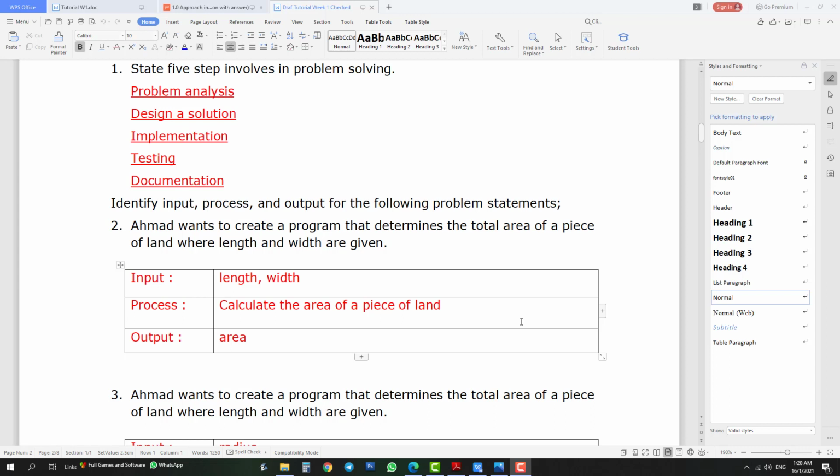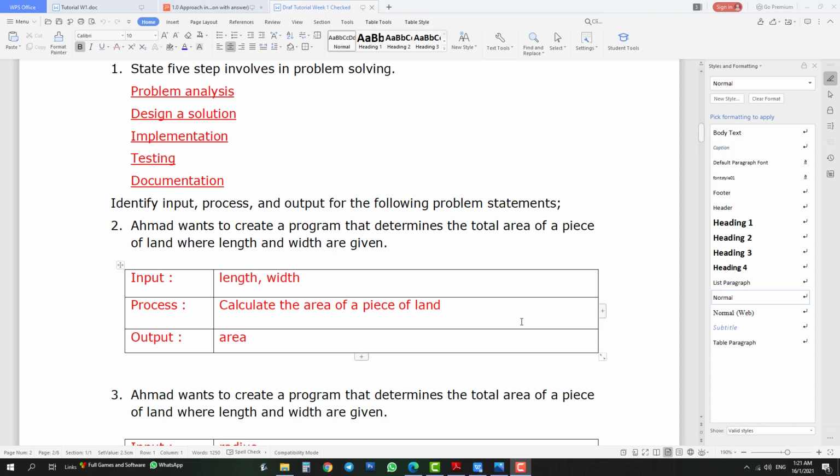Before you know the process and input, you must know the output first. What result does the question need?